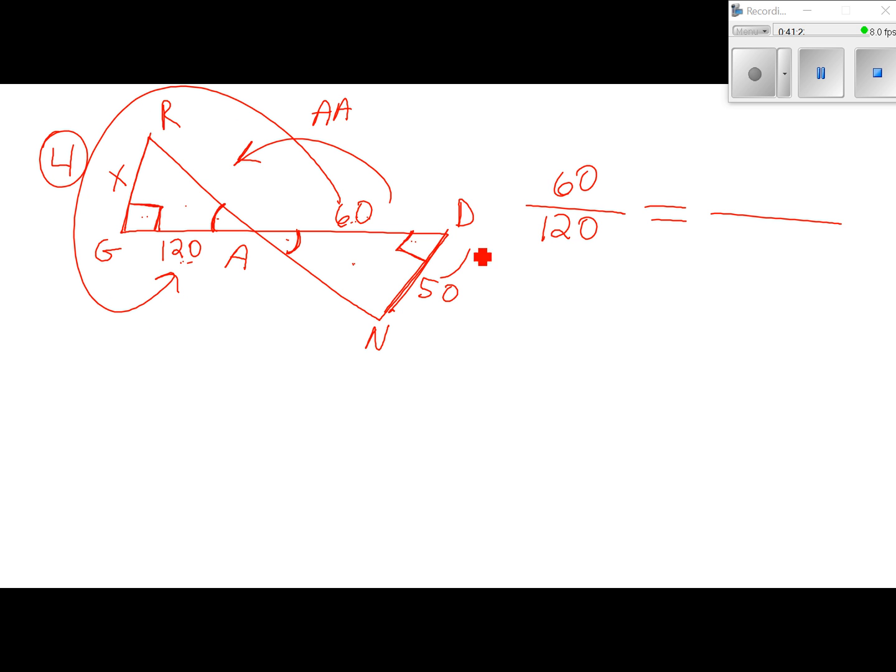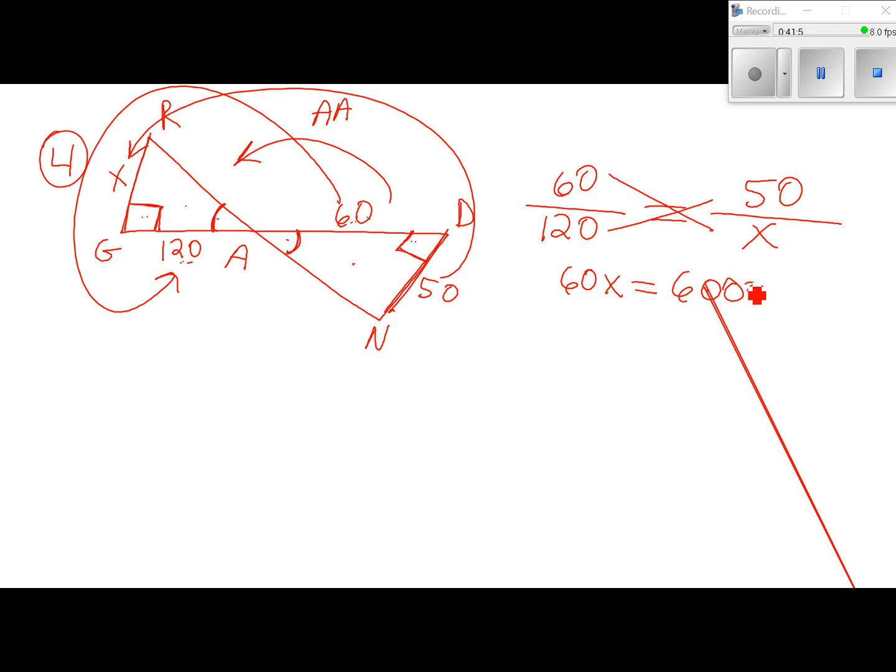The same as the 50 matches up to the X. We can cross multiply and solve here, 60 times X and then 120 times 50. If you grab your calculator and do 120 times 50, I get 6,000.